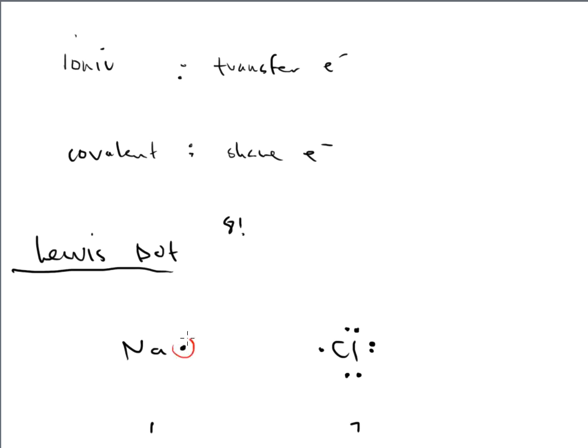So I can circle this electron and point it away, showing that sodium is going to lose that electron. On the chlorine side, I see 7 dots around chlorine, and chlorine needs 1 more to get to 8. If he can get 1 more, then we can fulfill that octet for chlorine. So he's going to scavenge and try to find that electron when he can.